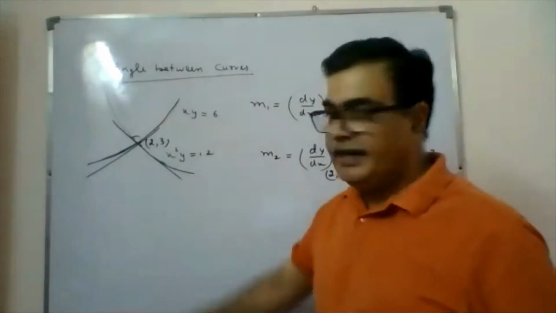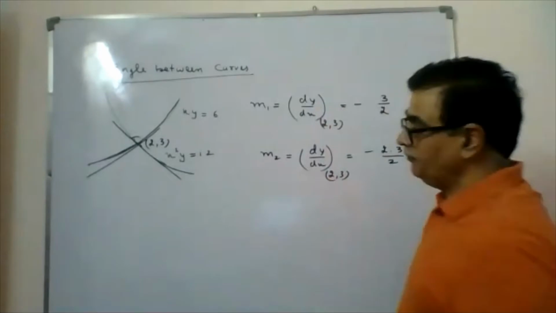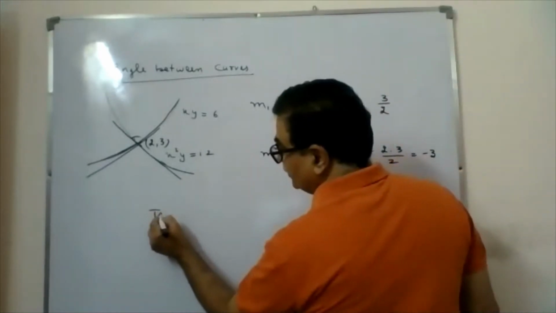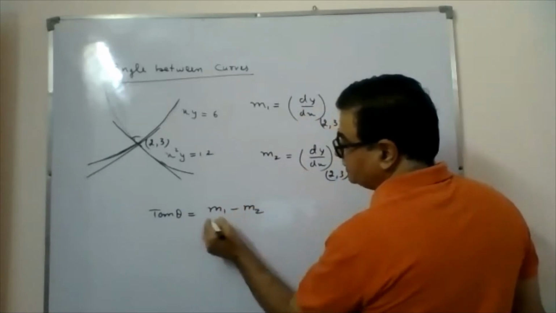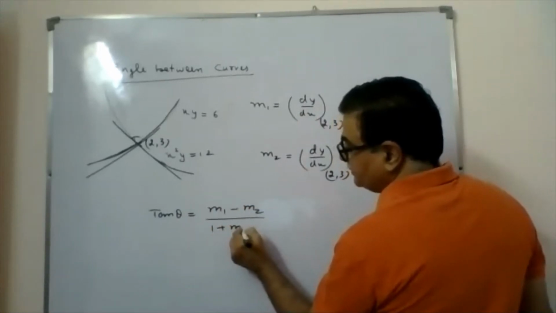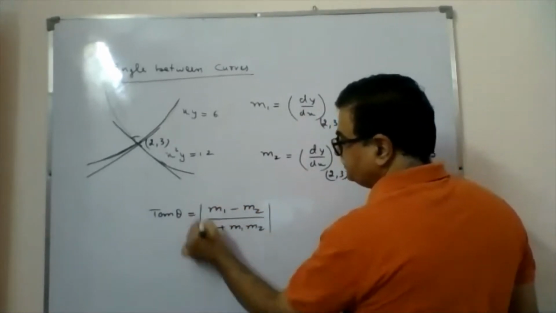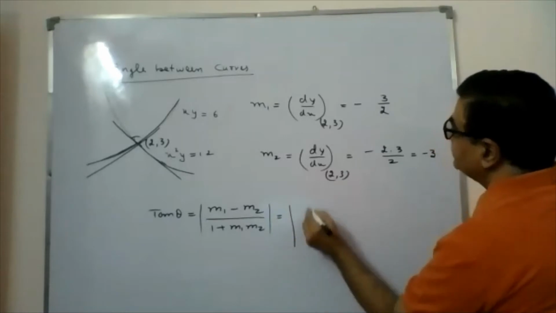And now we want the angle between the two. So what formula have we done? Angle between the two: tan theta is m1 minus m2 by 1 plus m1 m2. Now what is m1? We know it.